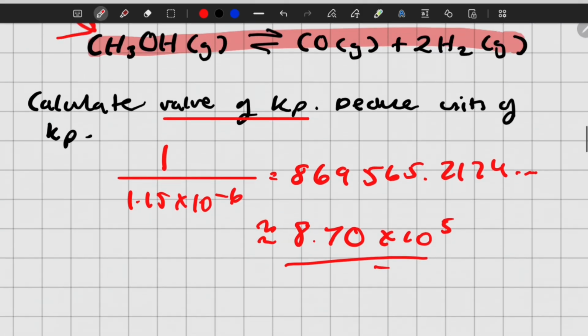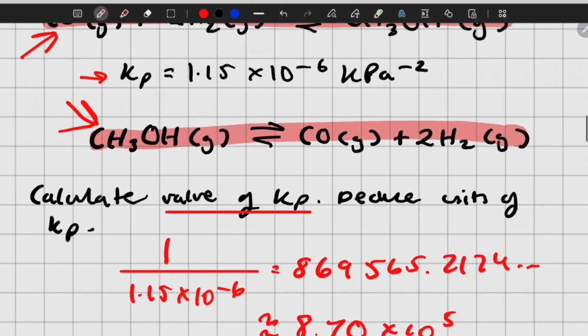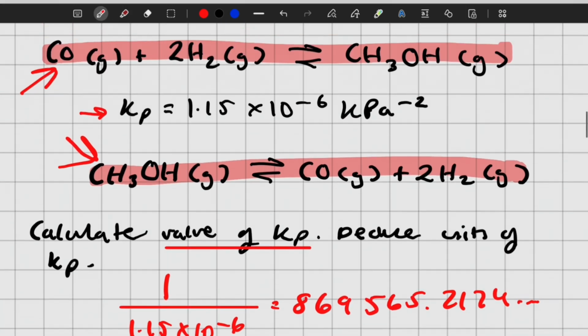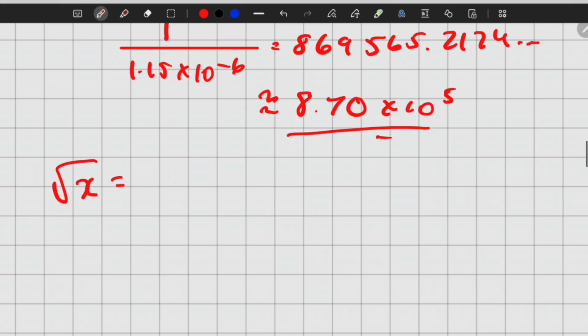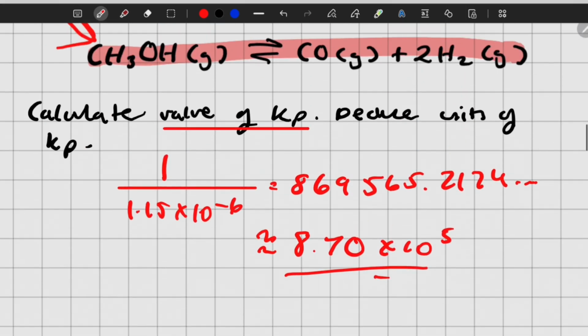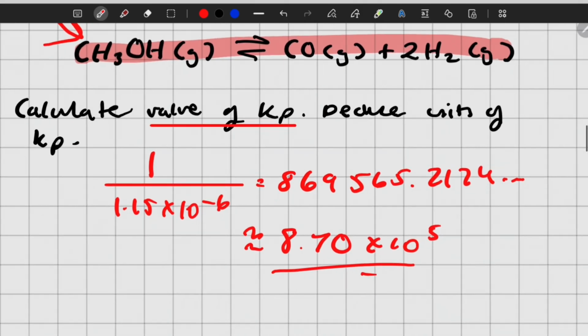And that's our value of Kp. So remember: reverse, 1 over Kp. Halving is the square root, because the square root of x is equal to x to the power of a half. So halving the equation means square root the Kp. Reverse, 1 over the Kp.